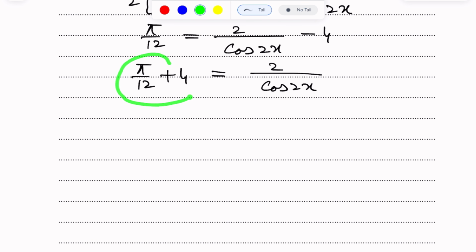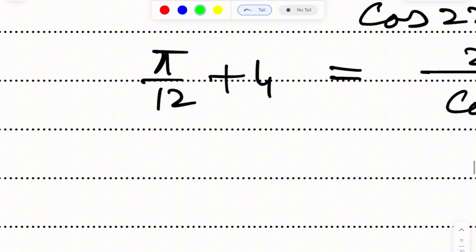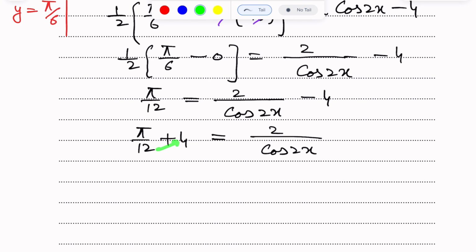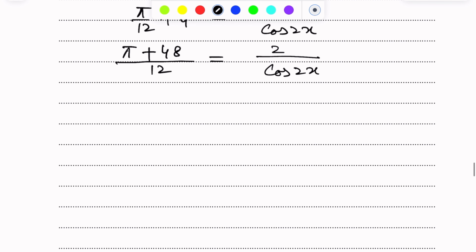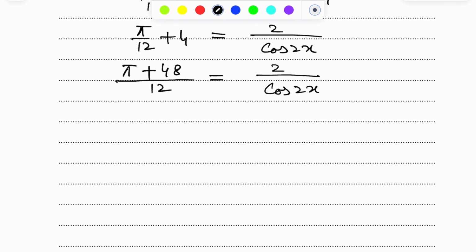Now by taking LCM, the left hand side will be pi plus 48 over 12. The right side will be 2 over cos 2x. Because we have to find the value of x, first we will make cos 2x the subject. By cross multiplying, we can write cos 2x is equal to 24 over pi plus 48.